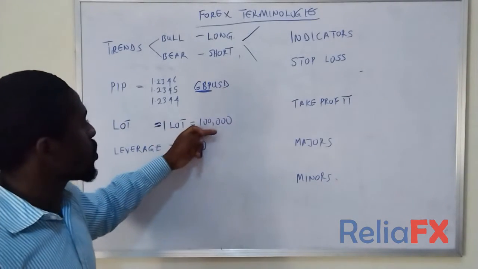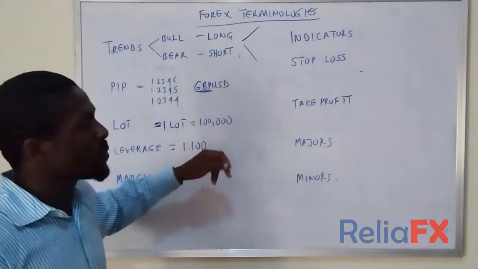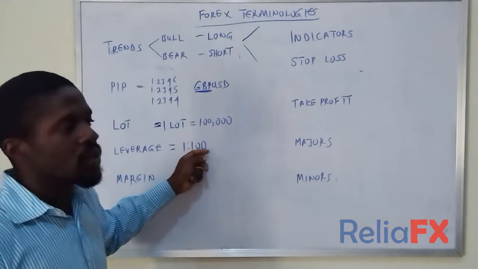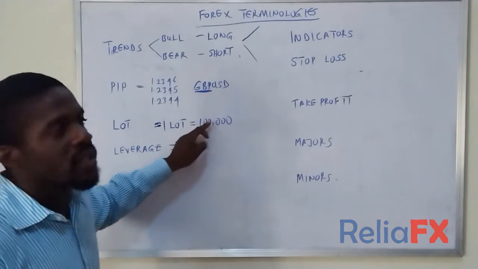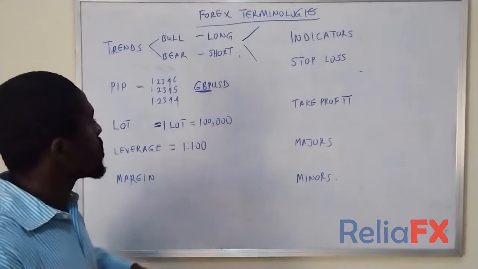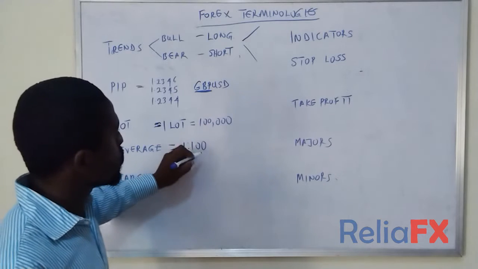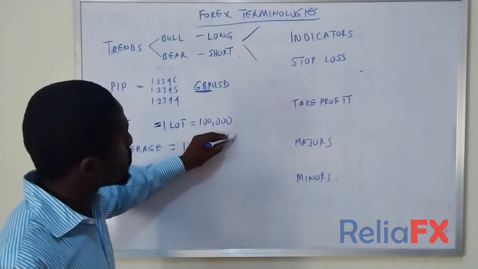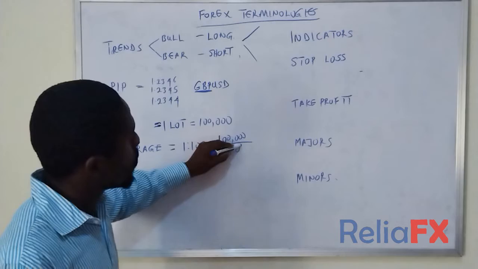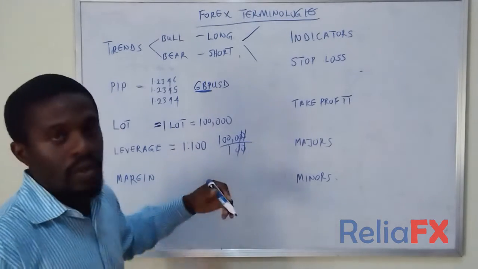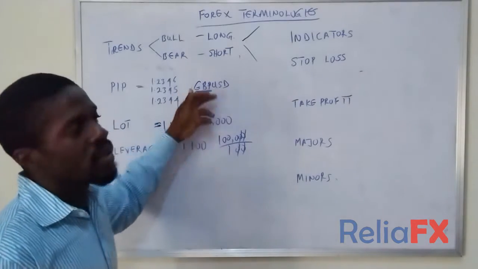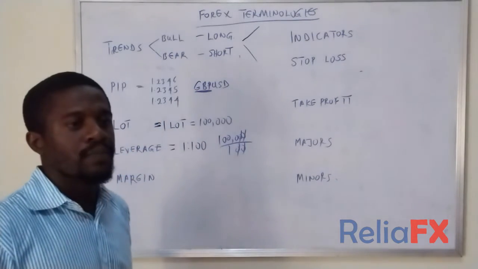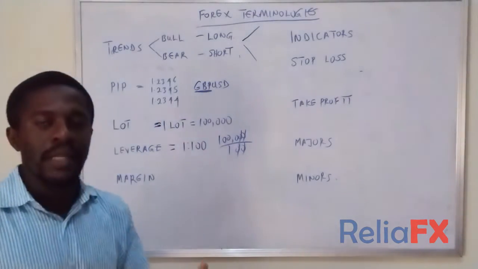So instead of having to look for $100,000, all you need is 100,000 divided by 100, which gives you what? 1,000. So you only need $1,000 to trade this particular one lot. Did you get that? So that's how leverage works.